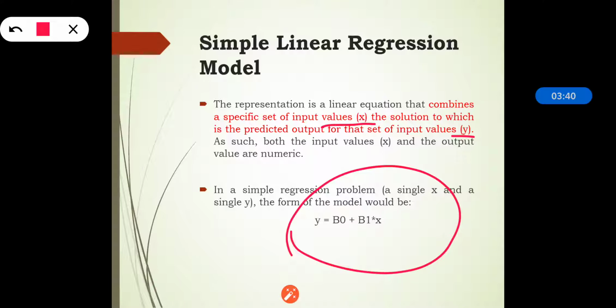It can show a positive linear relationship, a negative linear relationship, or no relationship. If the graph line in a simple linear regression is flat, then there is no relation between the two variables.